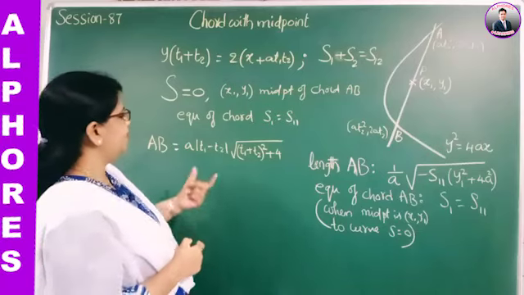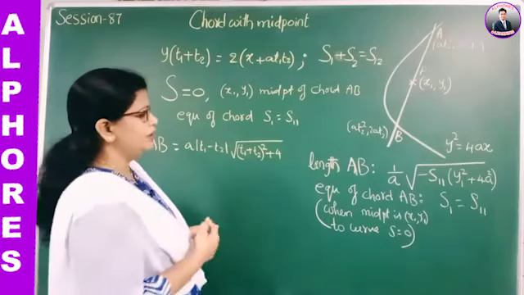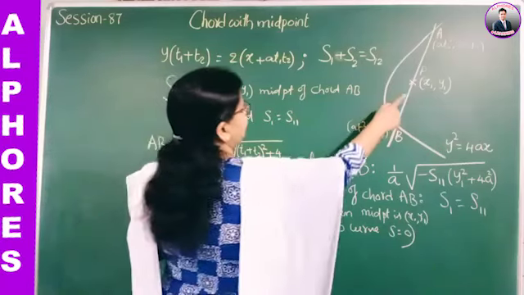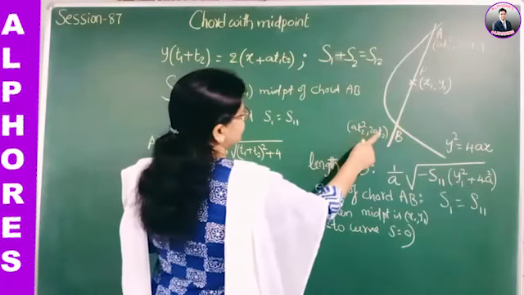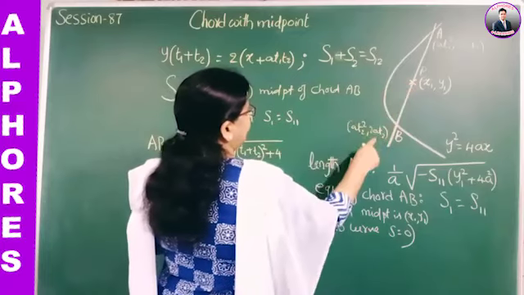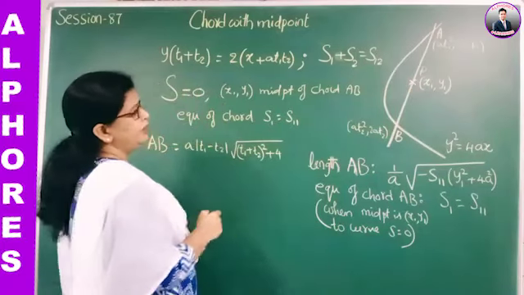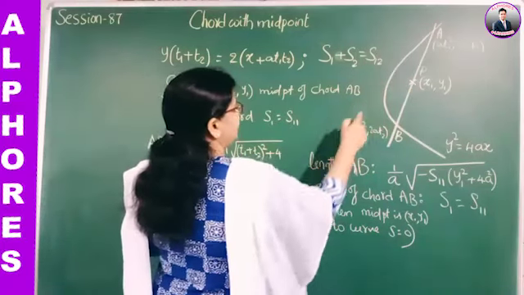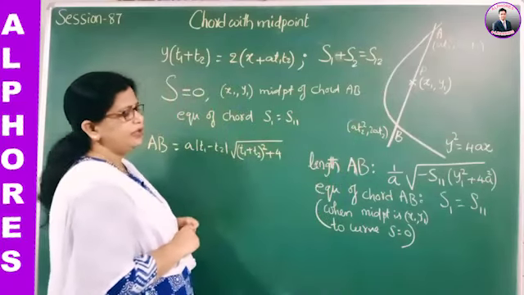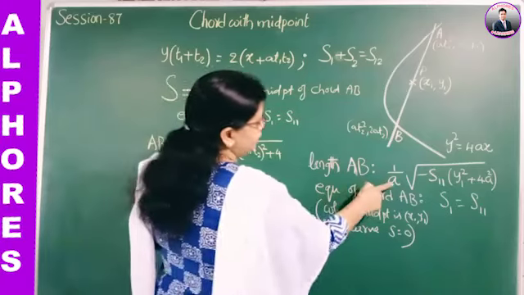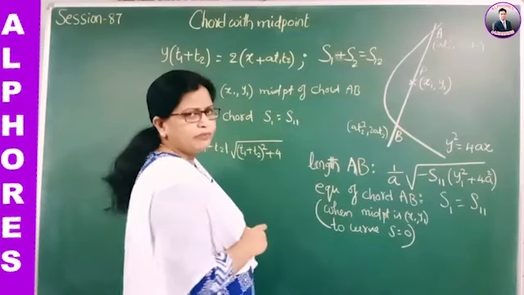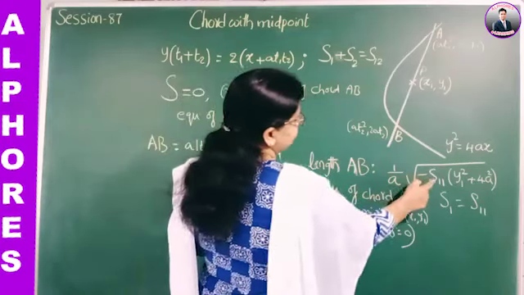Now the same kind of formula you can derive using the middle point (x1, y1). We have just discussed that y1 is a(t1 plus t2) and x1 is (at1 square plus at2 square) by 2. If you substitute those values, we can obtain the formula in this way, and you get minus S11.